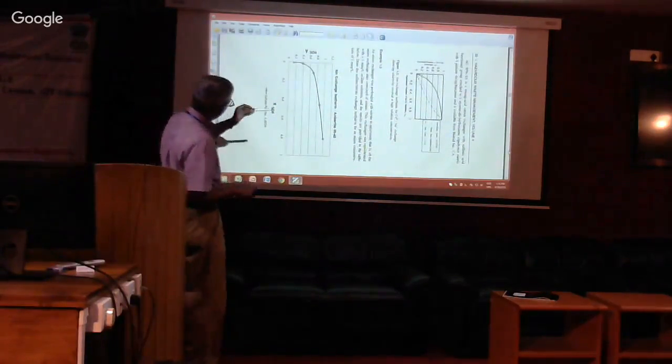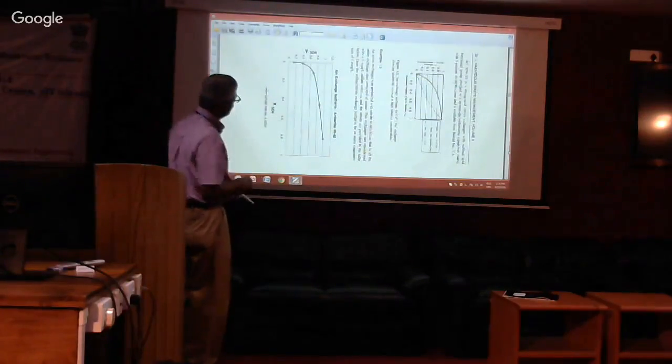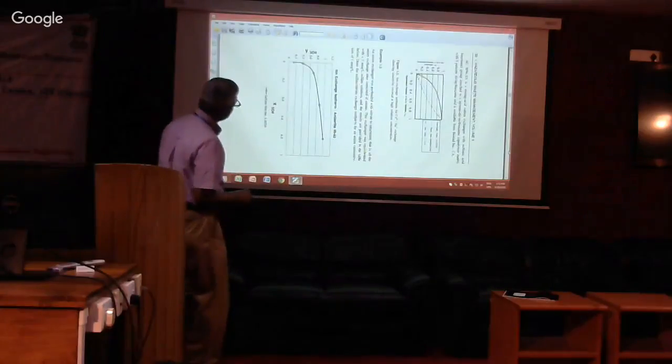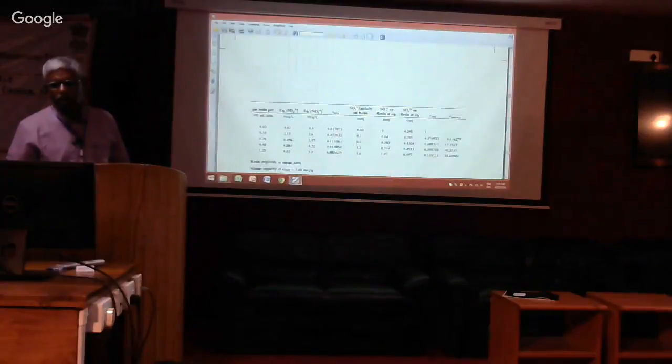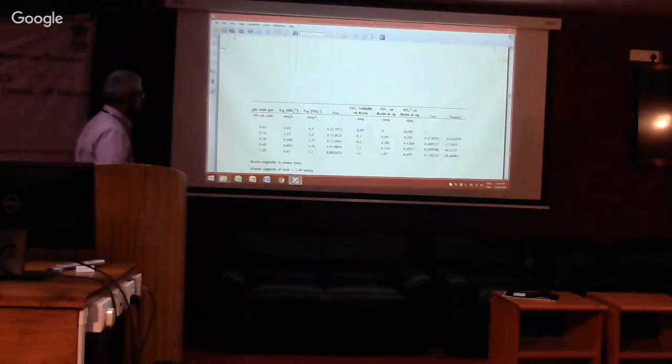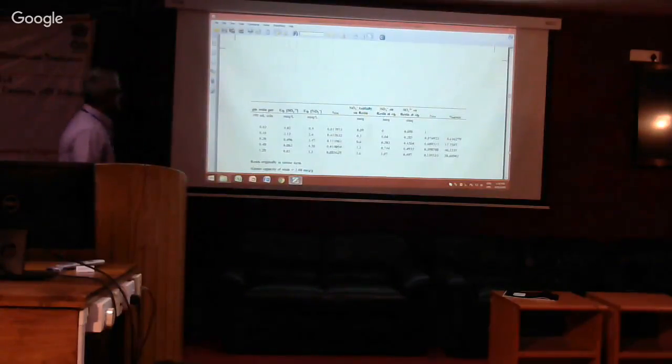The exchanger was equilibrated with the 5 milliequivalents per liter sulfate anion concentration, for which the results are provided. The nitrate concentration is 0.9 milliequivalents per liter, and at equilibrium, nitrate on resin is 0, because all the nitrate has come out.